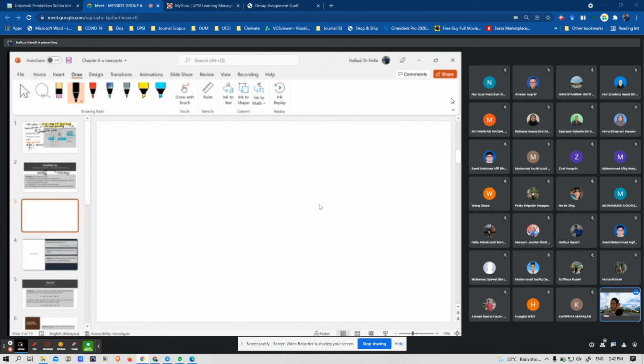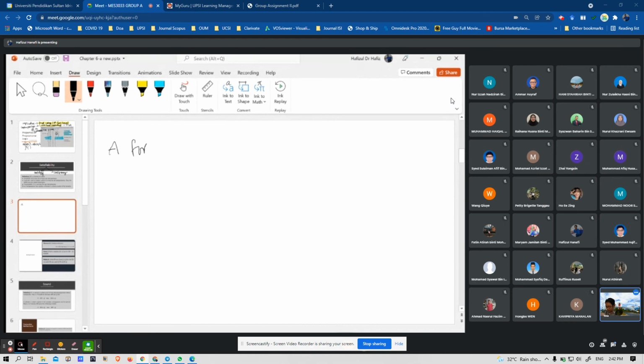A formula mu is called valid if mu is satisfiable. This one is also called a tautology.